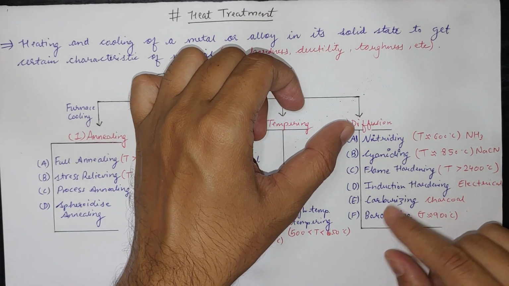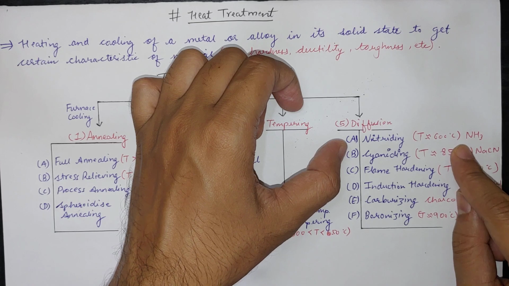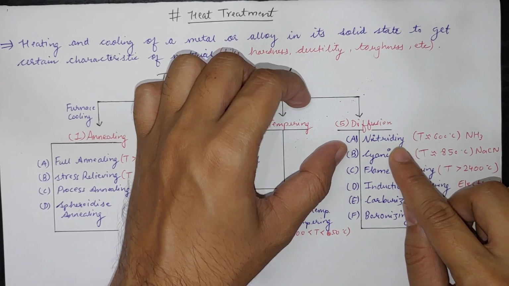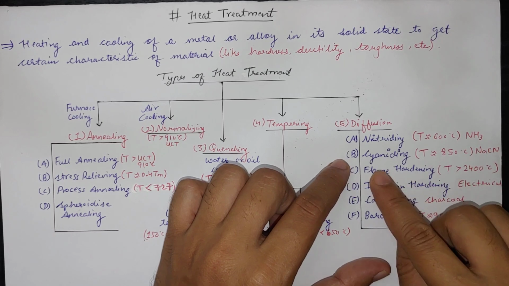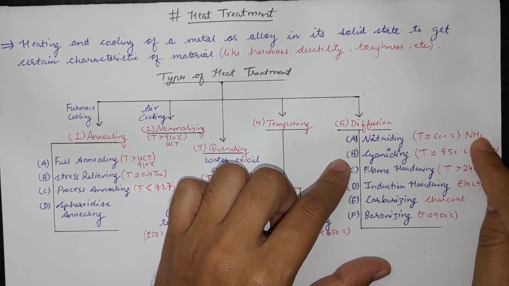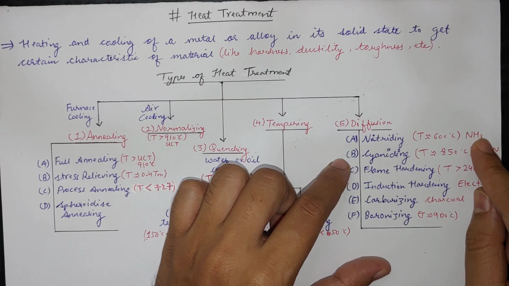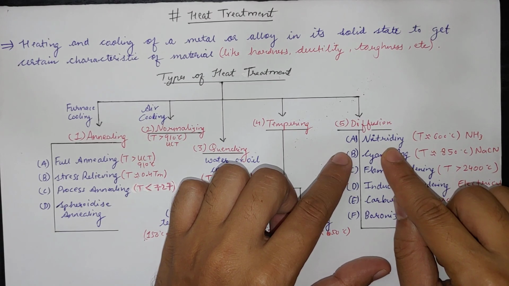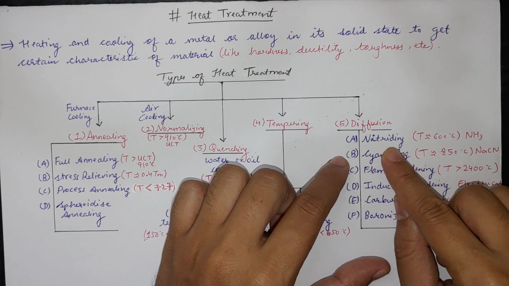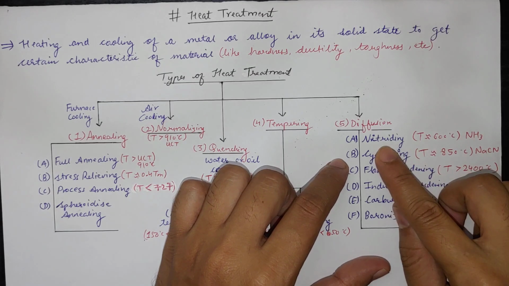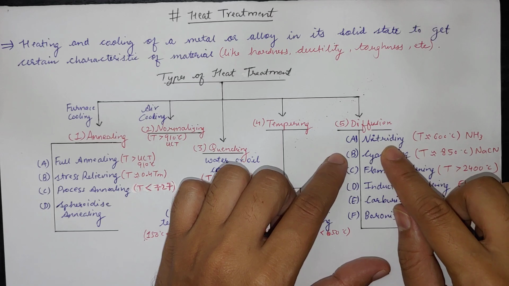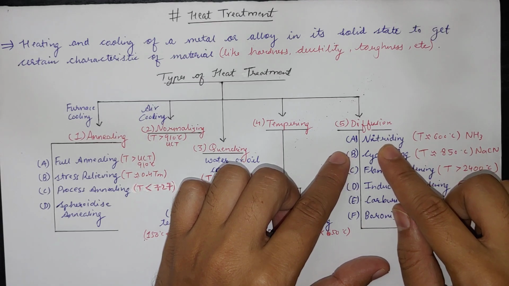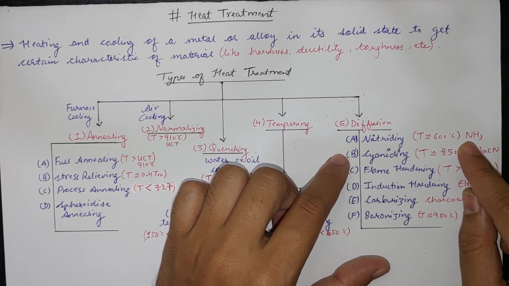Now in nitriding, the temperature is about 600 degrees Celsius, and we heat our steel material in an atmosphere of ammonia gas. The nitrogen will diffuse inside the surface, which will prevent the motion of dislocations, and also create hindrance in the grain boundary movement. That way it introduces hardness and brittleness inside the material.